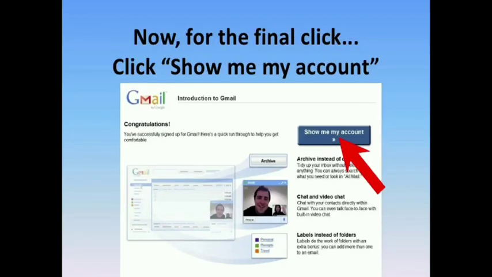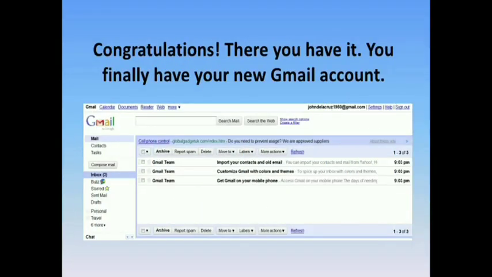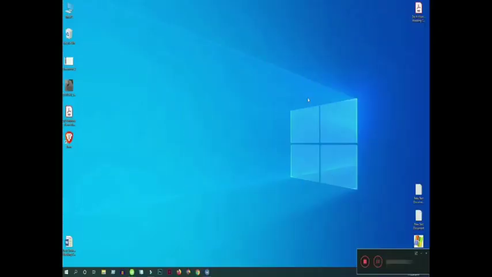Now you have to finally click show me my account. Just wait a few seconds for the page to load. Here is your Gmail ID. I have given a demo of how to create your Gmail account.